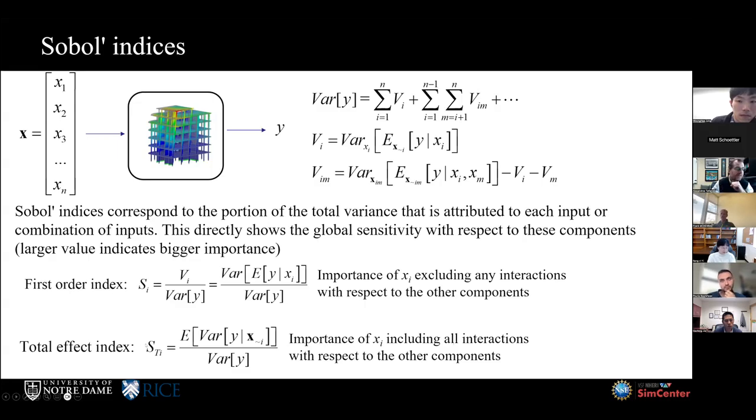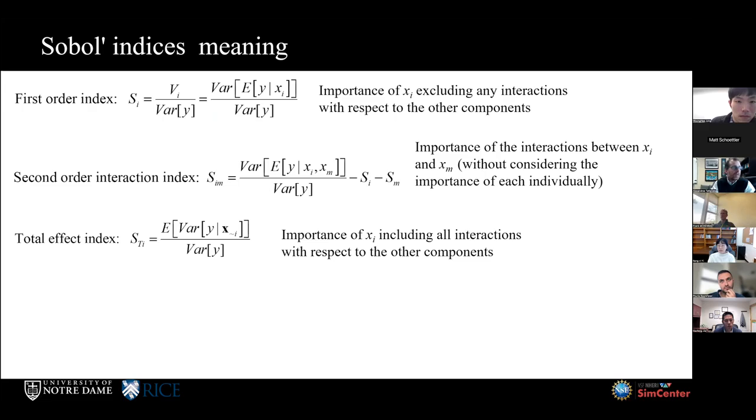Generally, the total effect index is the sum of all the possible components that include i. So it is not just x_i on its own, but all the other possible interactions that can be attributed to x_i. So these are the key indices.